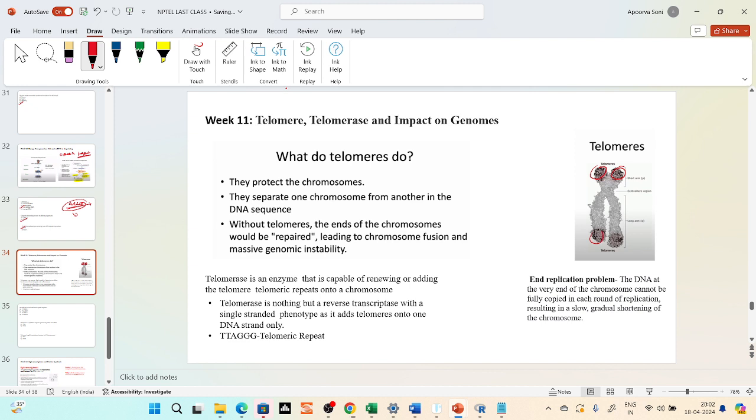Remember this point, telomeres are added because of the enzyme telomerase, which is capable of renewing or adding the telomeric repeat to the chromosome, and telomerase is nothing but a reverse transcriptase. This is important. Second, what is the repeat sequence? TTAGGG. Remember this. I'm just highlighting the important points.